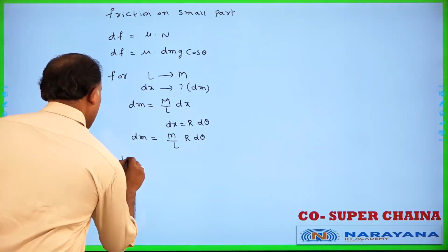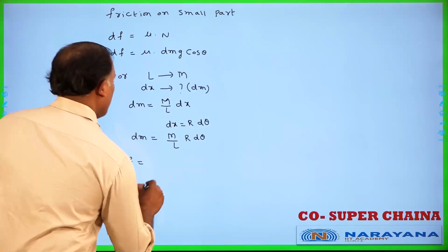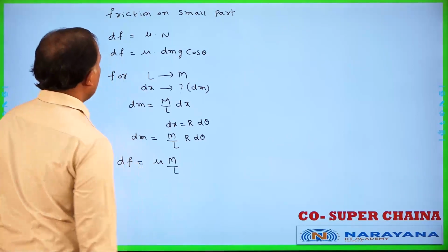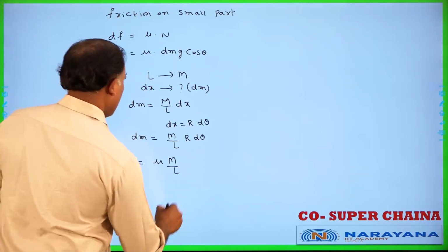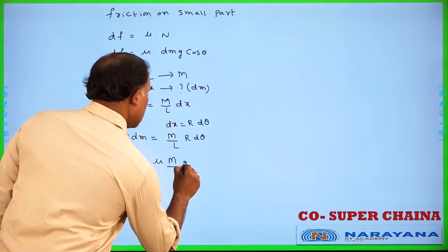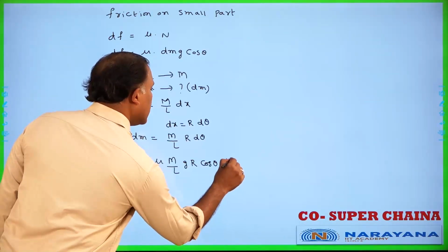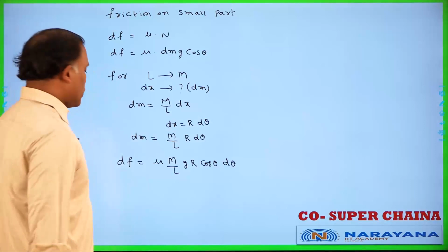So dF will be equal to mu m by L into r g into cos theta d theta. Now I want the total friction.